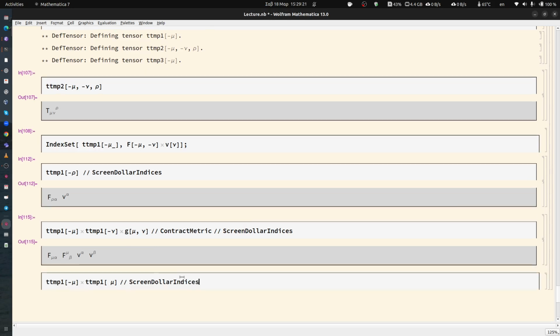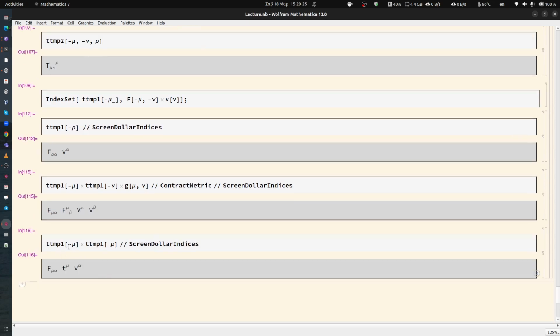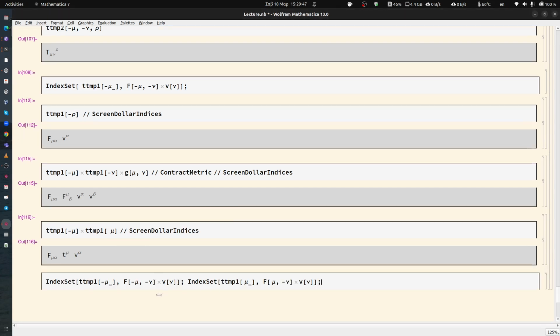Now look at this expression here. We have contracted TTMP1 with its two indices, and you see that although the downstairs index has been replaced by FV, the expression involving the index upstairs is not. So let's cure this by making a double assignment.